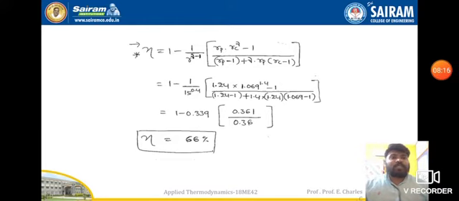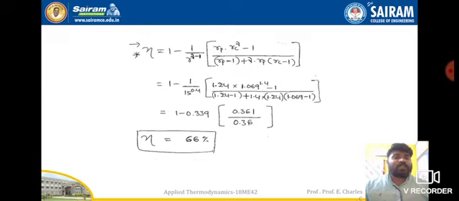The efficiency of the diesel cycle is equal to 1 minus 1 divided by r to the power of gamma minus 1. Next, here in this dual cycle, pressure ratio into cutoff ratio to the power of gamma, minus 1, divided by pressure ratio minus 1 plus gamma into pressure ratio into cutoff ratio minus 1.